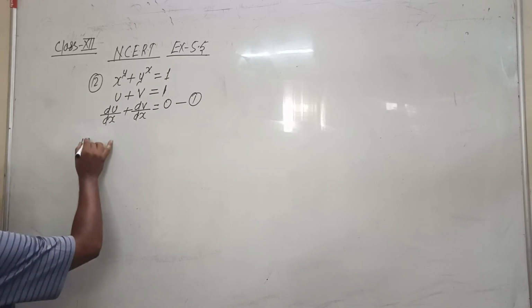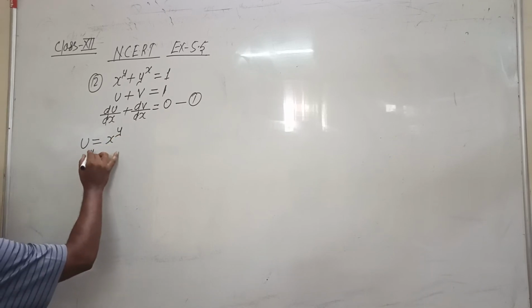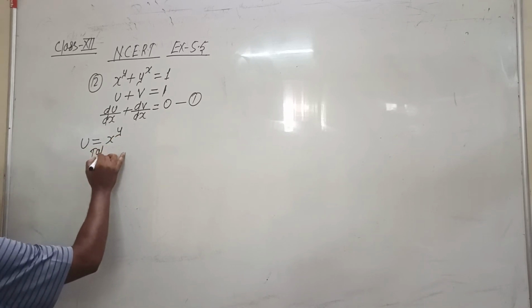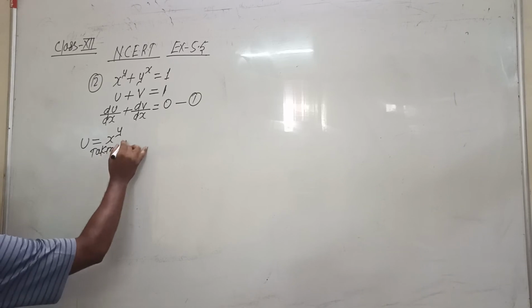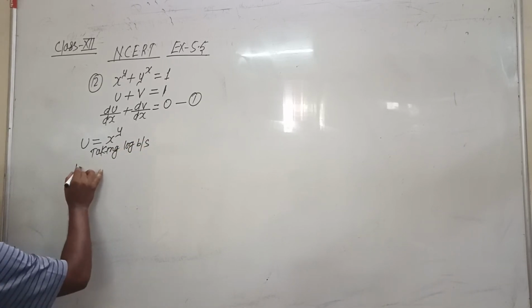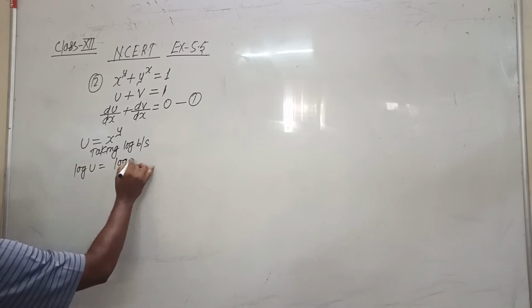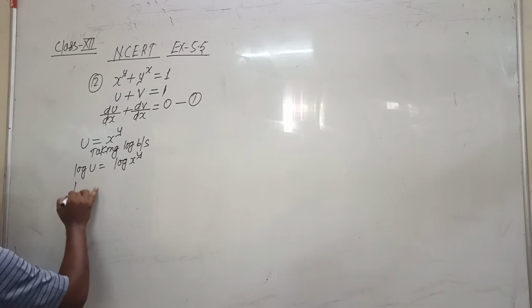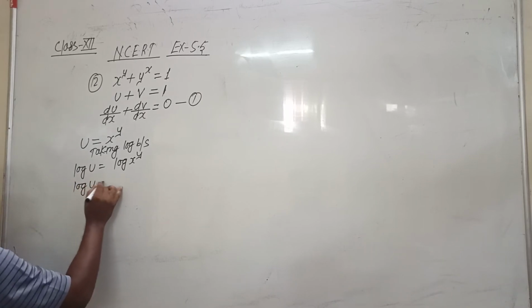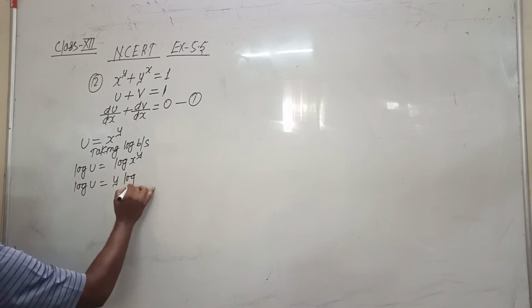Now we have supposed u is equal to x raised to the power y. So taking log both sides, log u equals log x raised to the power y, and it becomes y into log x.